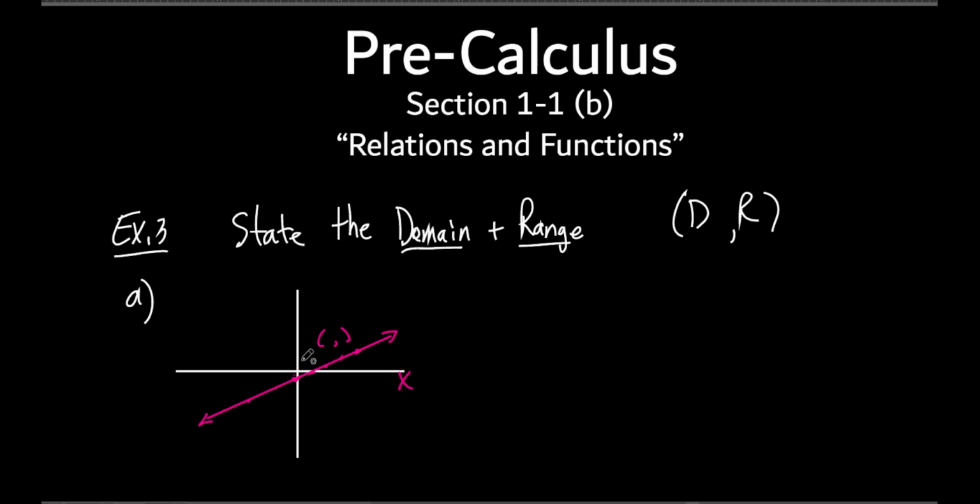Negative infinity. So the x's go all the way to negative infinity. Would you agree? How high do they go? They go to positive infinity. I could go all the way out here and eventually I'm going to hit that graph. So what are all the numbers from negative infinity to positive infinity?